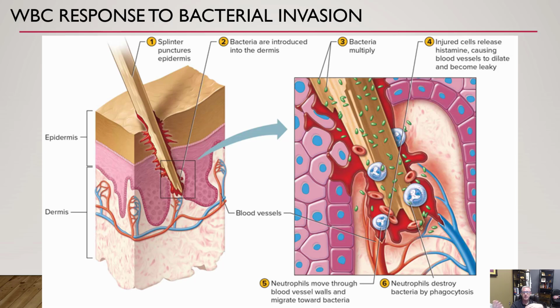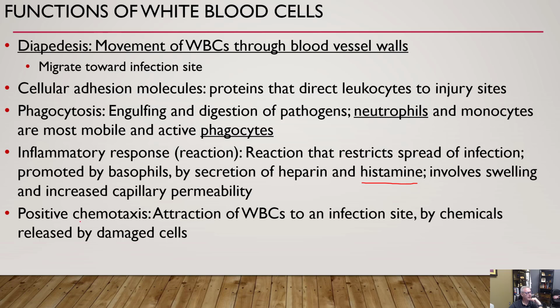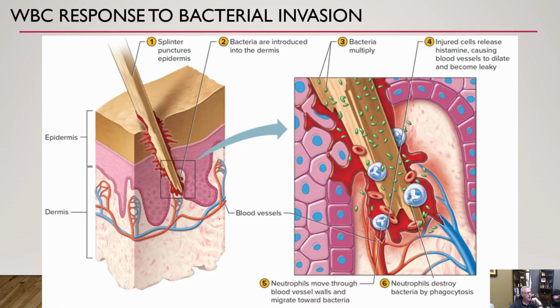Then the white blood cell is going to slow down to a roll and bind to these carbohydrates on the inner capillary surface. Clotting blood, bacteria, and decaying tissue at the injury site release these biochemicals called chemoattractants, like that chemotaxis, that attract the white blood cell.